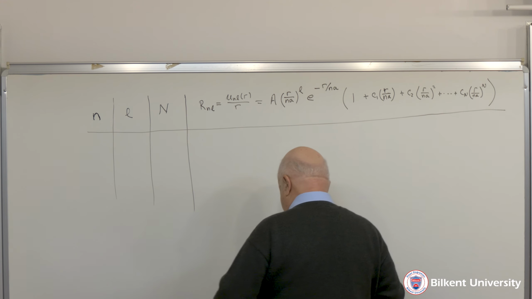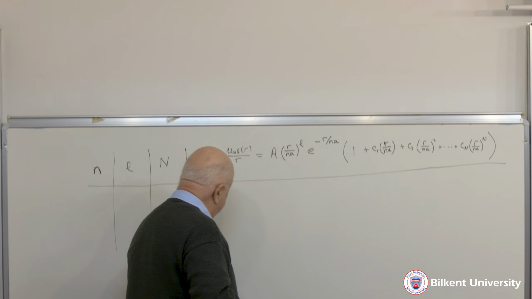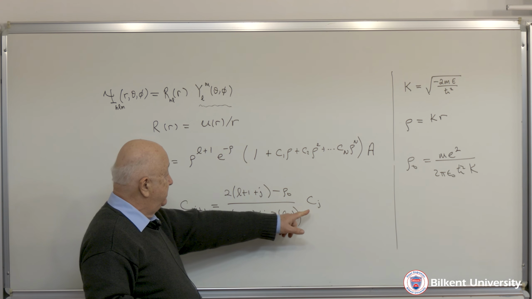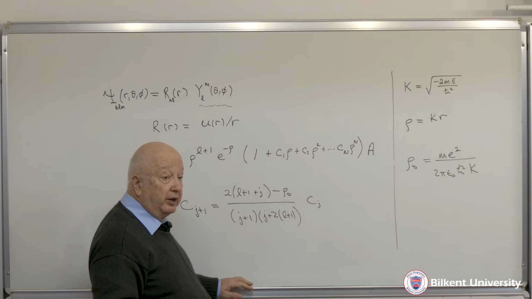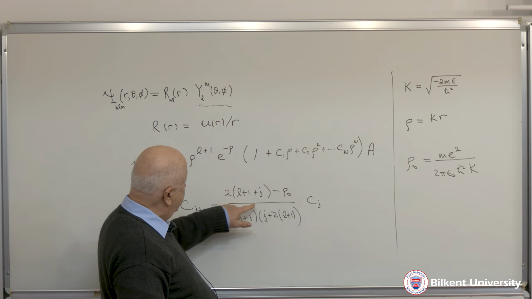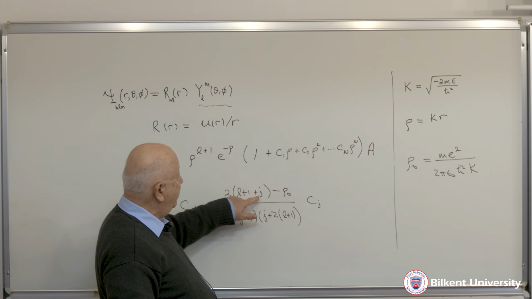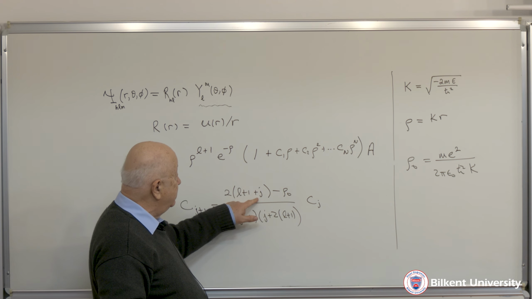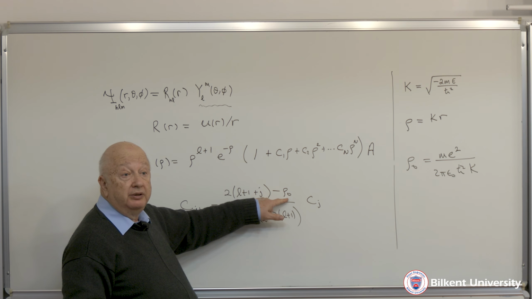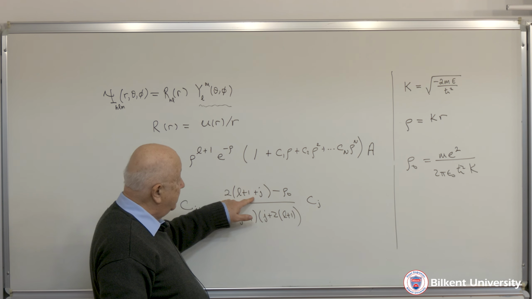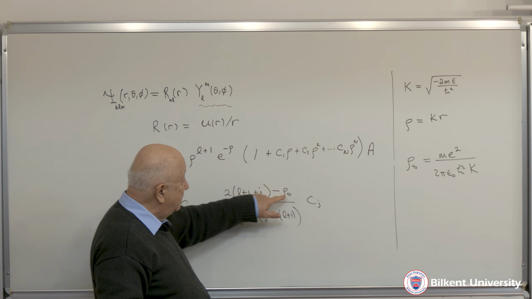One thing that I want you to notice is that if you look at this recursion relation from Cj to Cj plus 1, you see I put in larger and larger values of j until at some point this cancels that. So that means this term is really smaller than that one.